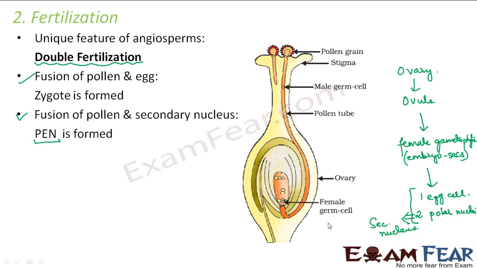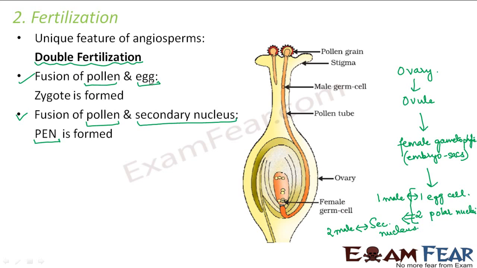Through this pollen tube two male sex cells will be coming. One male gamete will combine with this egg cell and the second male gamete will combine with this secondary nucleus. Therefore two fusions will take place, and that is why it is known as double fertilization. One fusion between the pollen and the egg, the other between the pollen and the secondary nucleus.